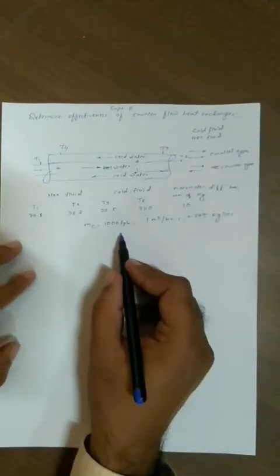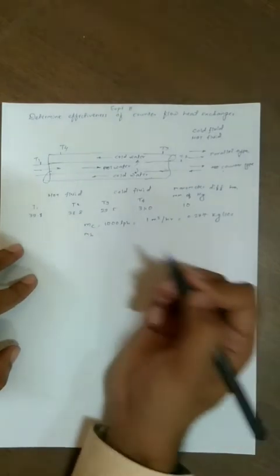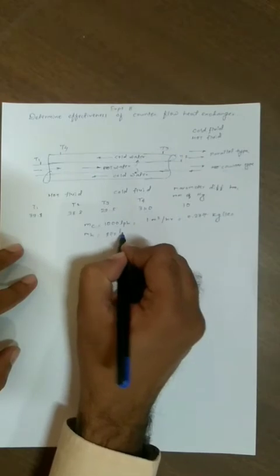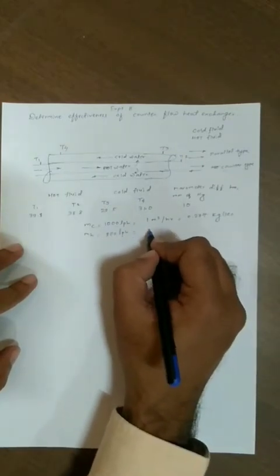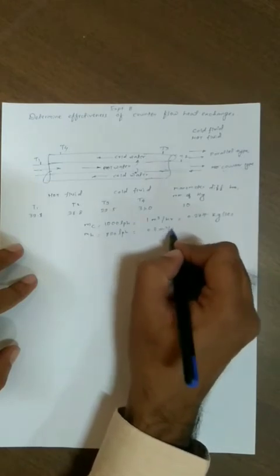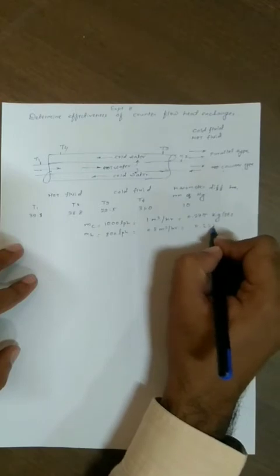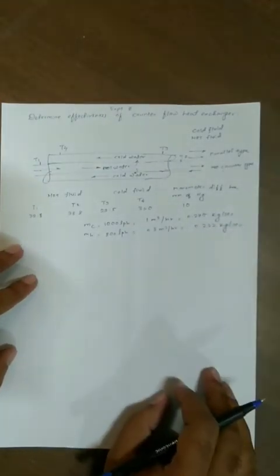So I have converted liters per hour into kg per second. The mass flow of the hot fluid we have 800 lph, which will be equal to 0.8 meter cube per hour, which will be equal to 0.222 kg per second.